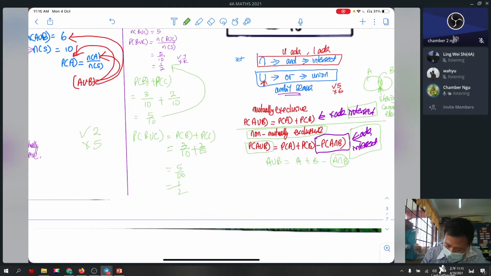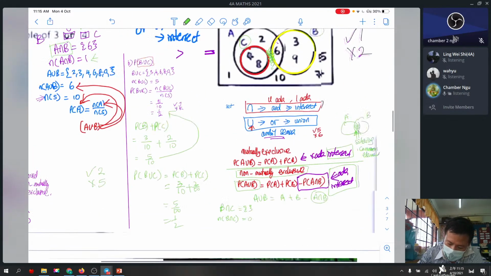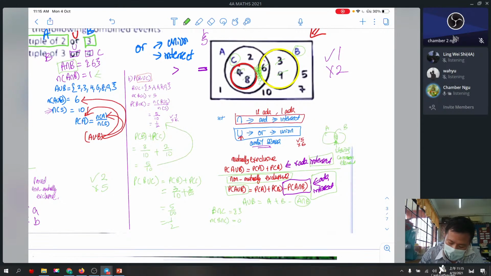Set of B intersect C is empty set, kosong. Jadi bilangannya adalah kosong. Itulah kita tak payah tolak sebab set dalam B 1, 2, 3. Set dalam C 1, 2. Semua sekali 5. Tidak ada elemen yang berulang. Itu sebab dia tidak tolak lah.